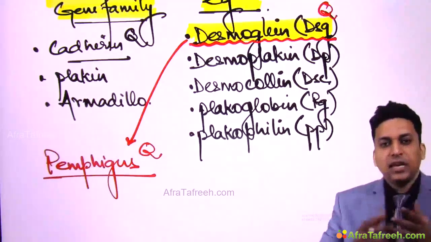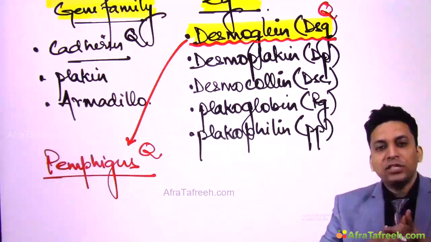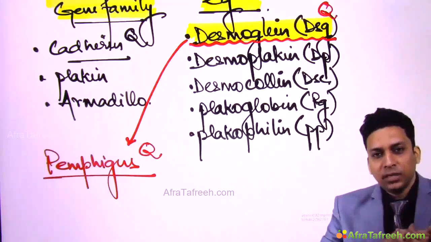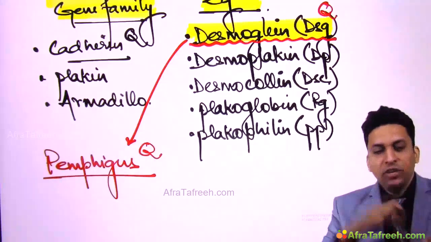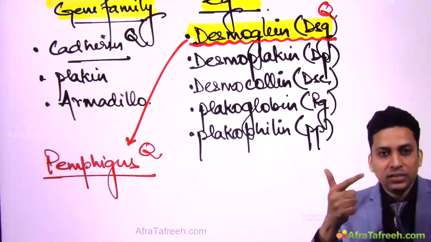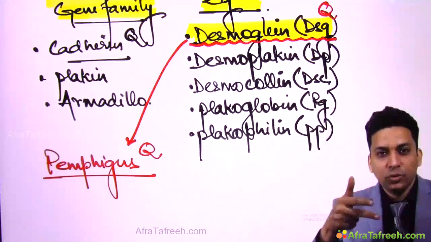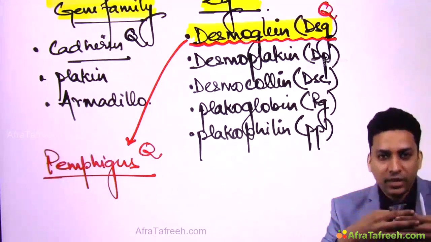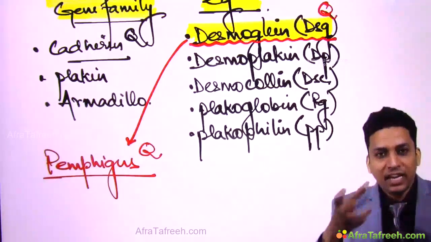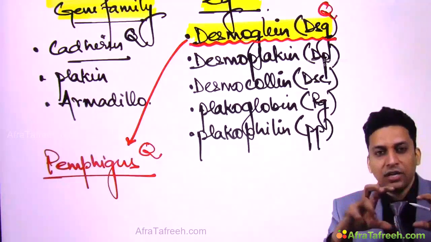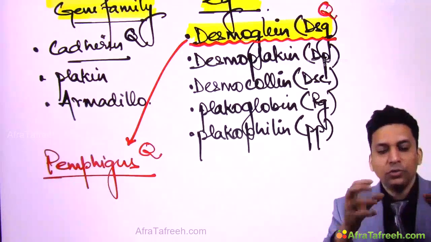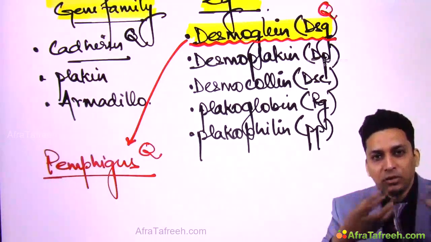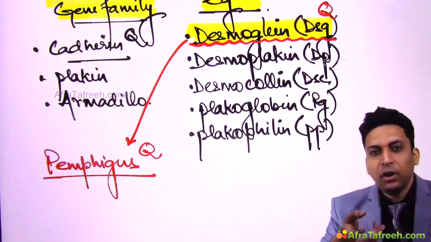Just by knowing this simple point, you can answer various questions asked on pemphigus. Like they might ask which type of blister is seen in pemphigus, intraepidermal or subepidermal? How do we approach this? We know that in pemphigus the protein involved is desmoglein, and desmoglein is present in desmosomes, which help in attachment of keratinocytes, and keratinocytes are present in the epidermis. So if separation occurs, it will occur within the epidermis, and the blister formed will also be within the epidermis, so it will be called intraepidermal.